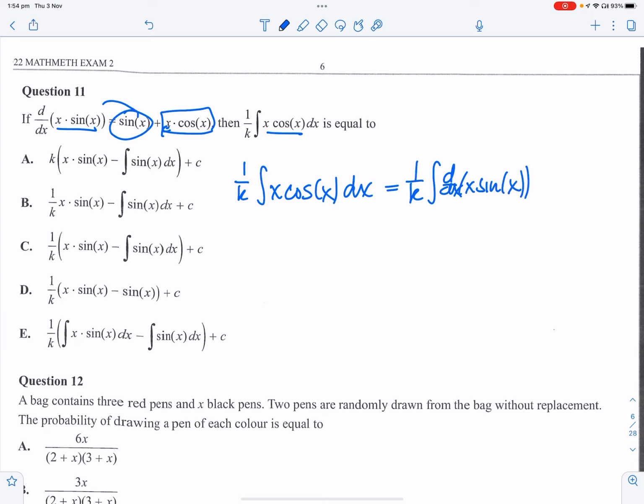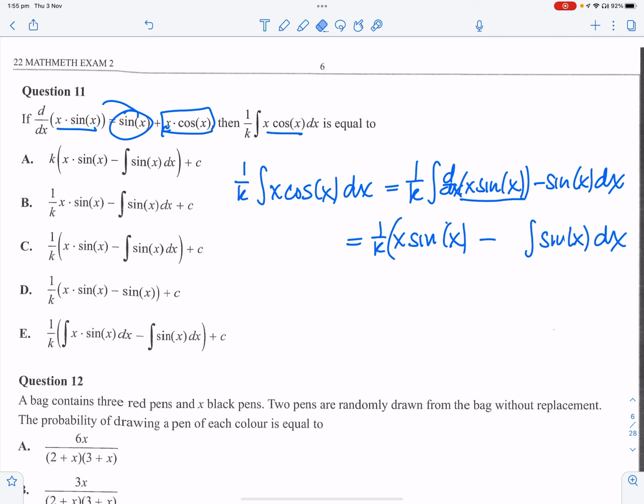And then when we bring that to the side, we get minus sine x dx. Okay, so we know this, when we antidiff it, is just x sine x. So we get 1 on k x sine x minus the integral of 1 on k sine x dx.